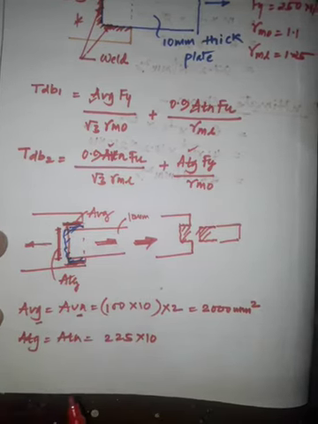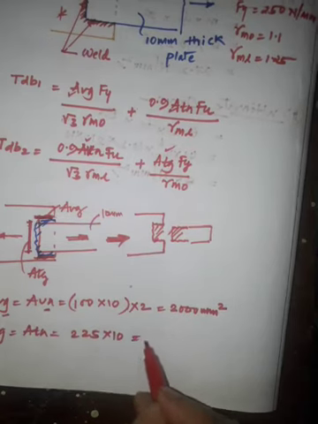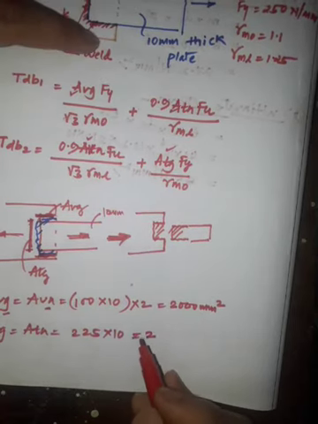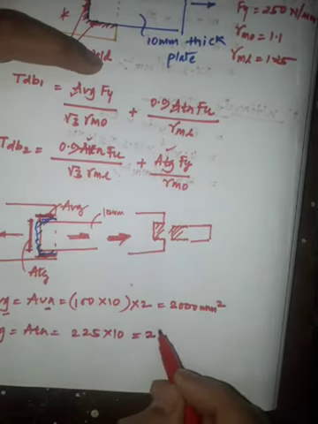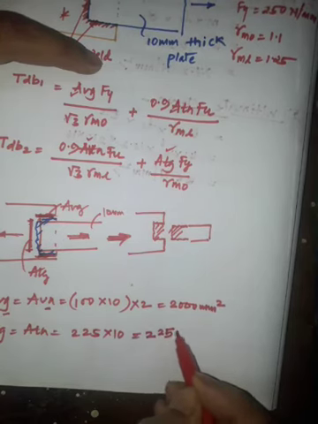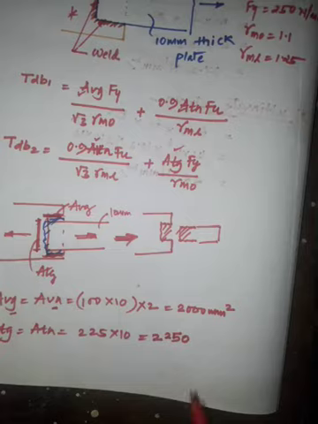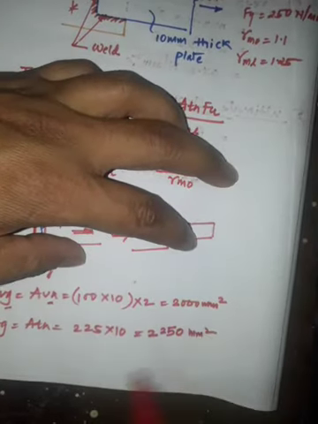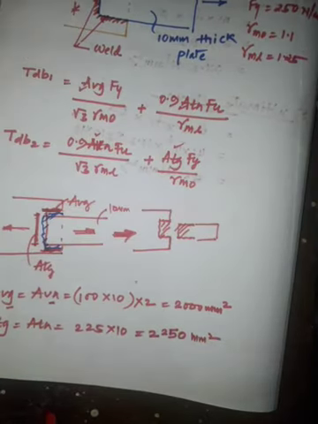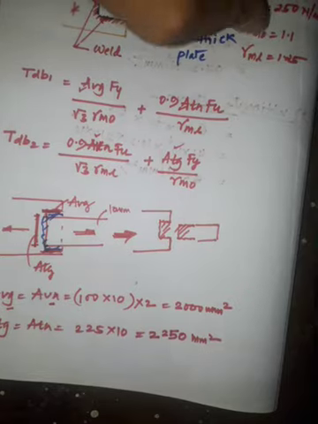So that is 2250 mm square. Now you have to go back and substitute for the answer.